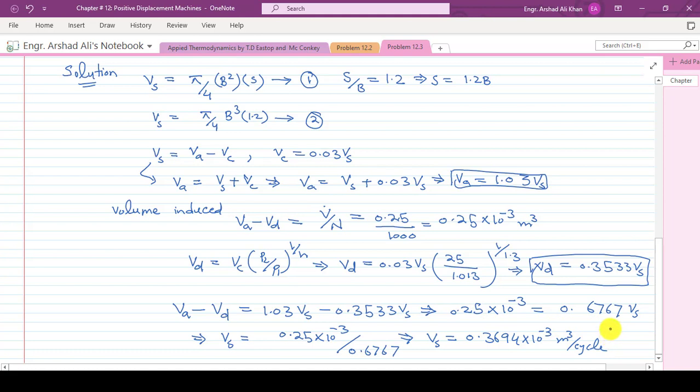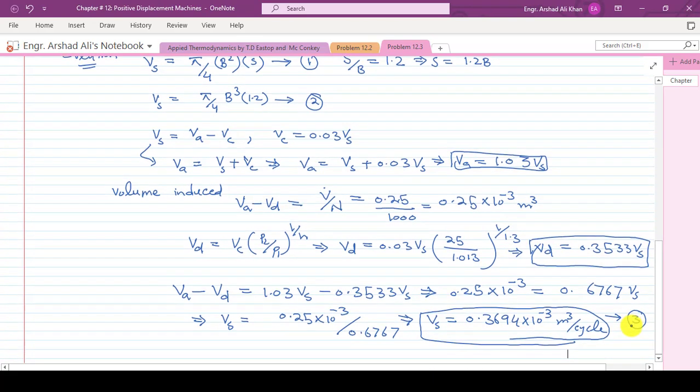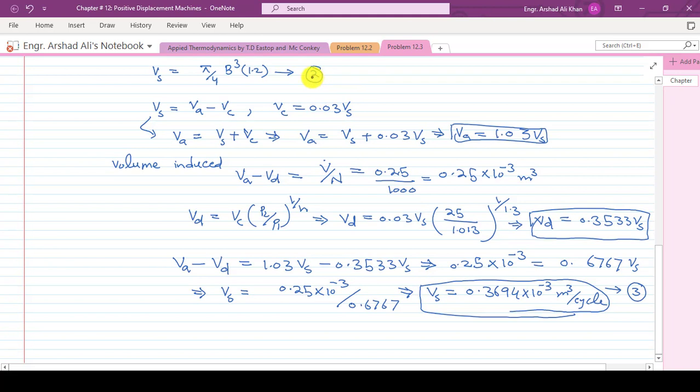Now suppose this value is 3. So putting 3 in expression number 2, also rearranging expression number 2, it becomes pi by 4 into 1.2 b cube, which is equal to 0.3694 into 10 raised to power minus 3.